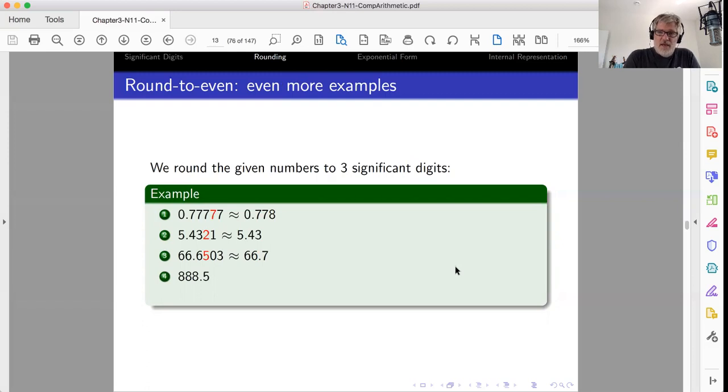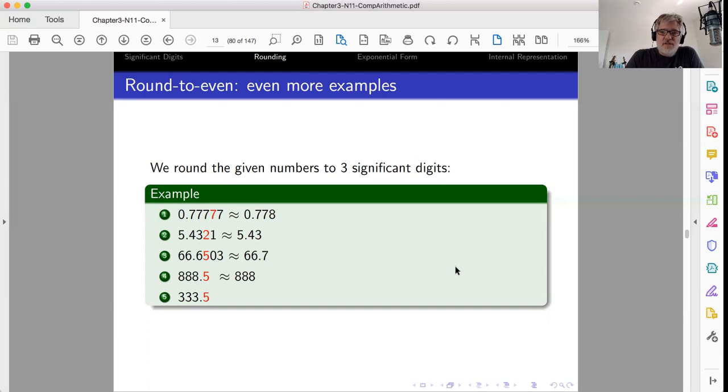888.5, everything is significant. So the test digit is that 5 there. There's nothing after it, so it's my special rule. But the digit before is 8, it's even, so nothing happens. Finally, 333.5, everything is significant. So the first 3 significant digits are 333.